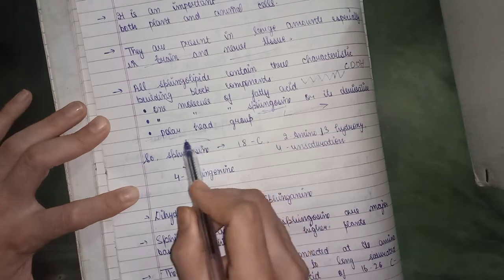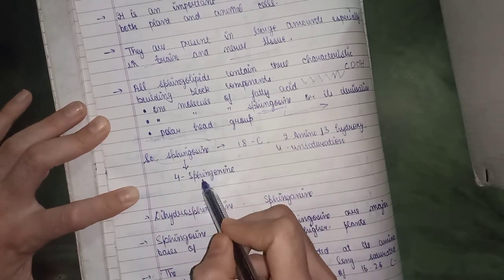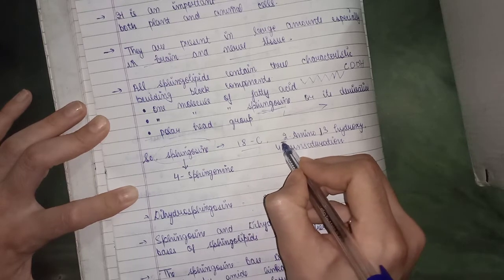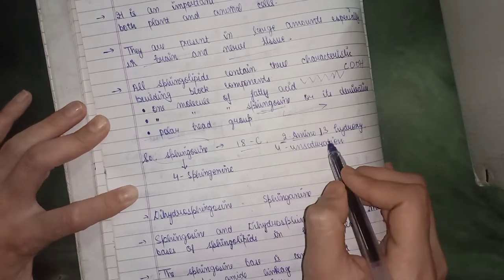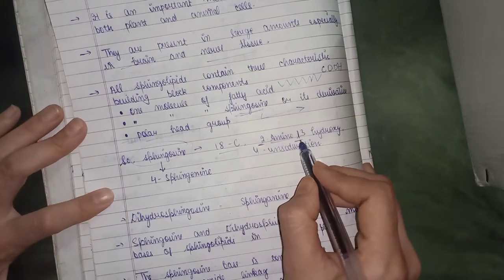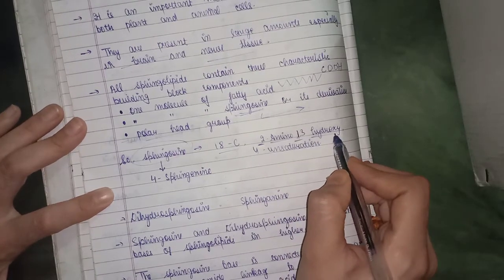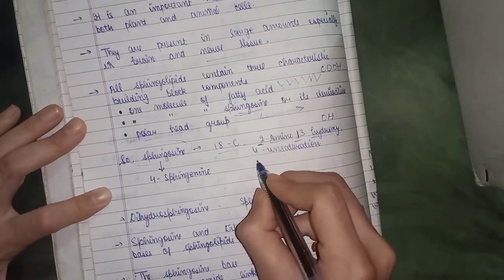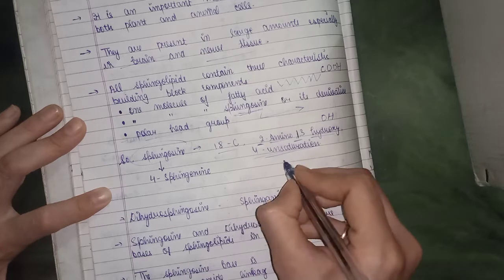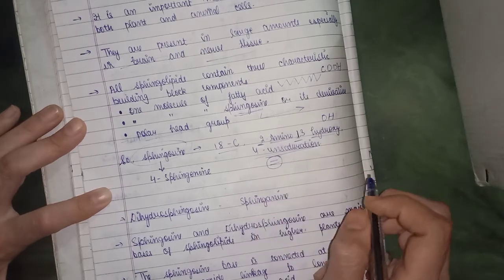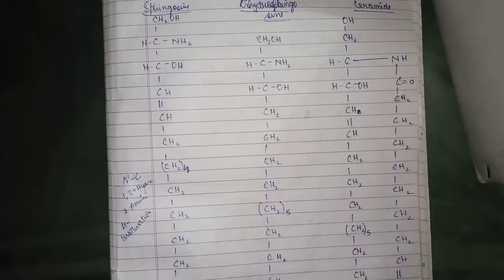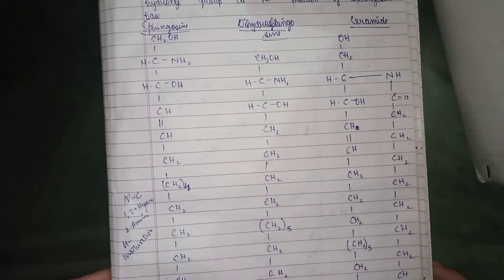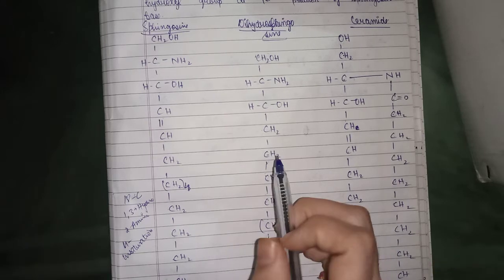Now, what is sphingosine? Sphingosine is an 18 carbon molecule. At its second position there is an amino group, and at its third position a hydroxyl group, and 4 unsaturations means double bonds exist. Now I am showing you how sphingolipids are formed.